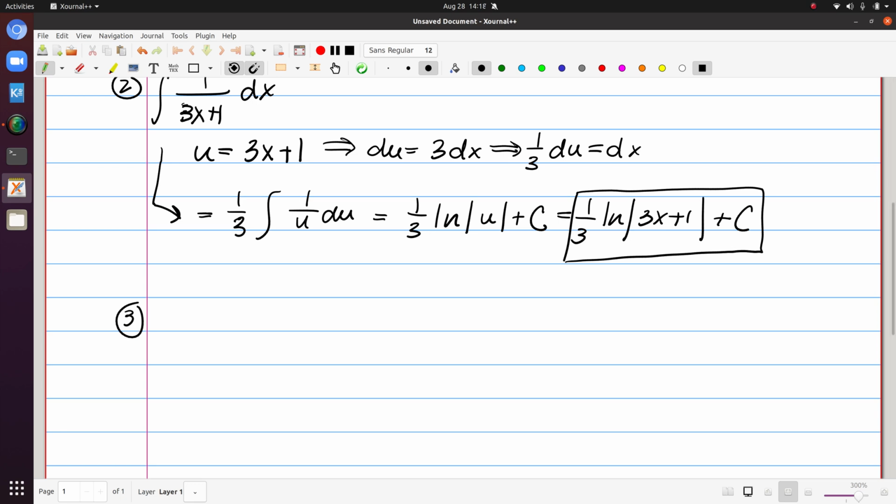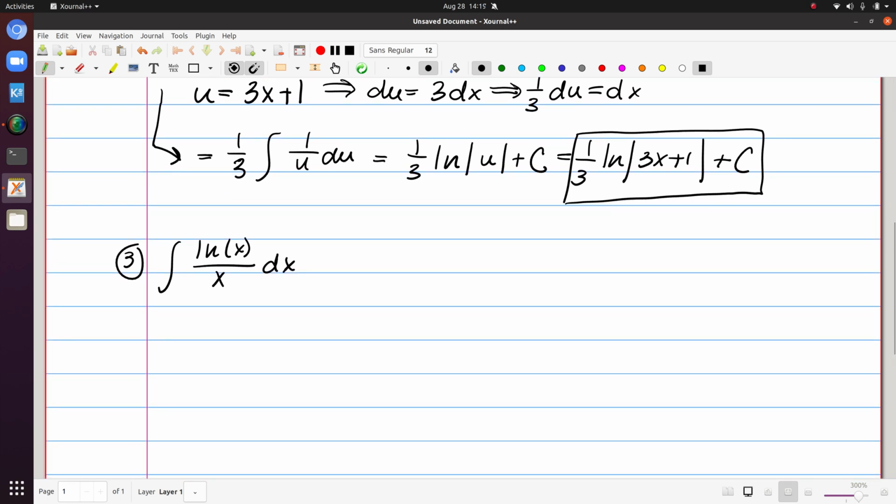All right, example 3. We look at the integral of the natural log of x divided by x. And what jumps out at me here is that I have a 1 over x in there, and that is the derivative of natural log of x. So if we choose u to equal natural log of x, then du is 1 over x dx.